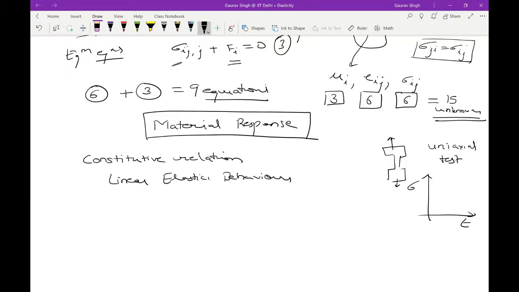This elastic limit can also be slightly in the non-linear region, but the point is still that if you remove the load, it will come back to zero. So if the path of stress versus strain goes slightly like this, and this is the elastic limit, despite the fact there is a small non-linear part over here compared to this linear part, still if you remove the load over here, it will come back to zero.